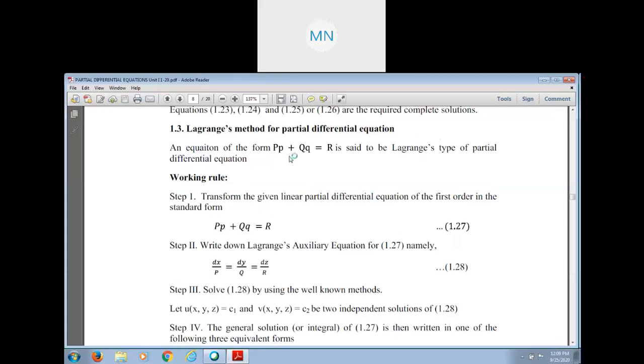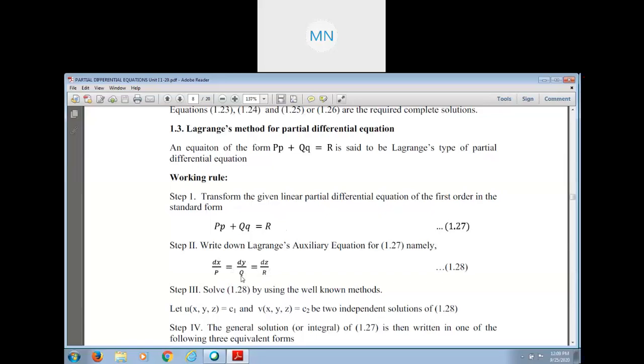First, the given equation is written in this form: capital P small p plus capital Q small q equals R. After that, you write the Lagrange auxiliary equation: dx by P equals dy by Q equals dz by R.